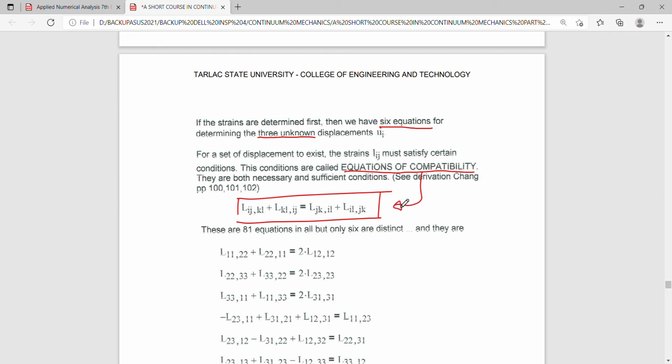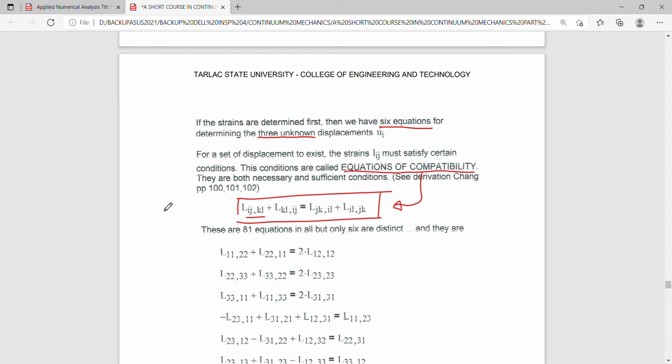So since we have four indices, okay, the first two here are actually the indices upon which the strains are defined, and the last two KL are the indices upon which the strains are derived with respect to.